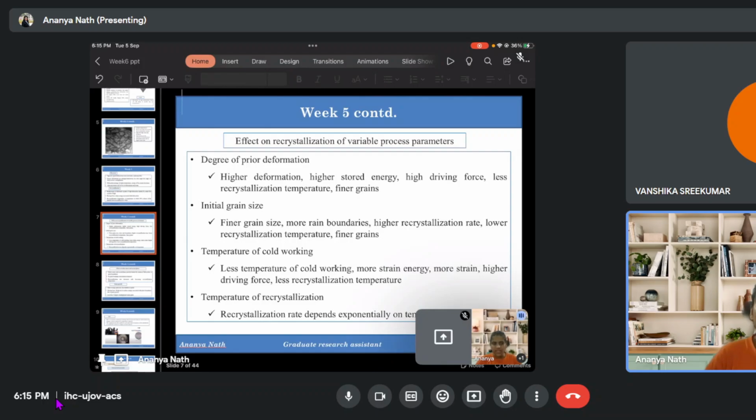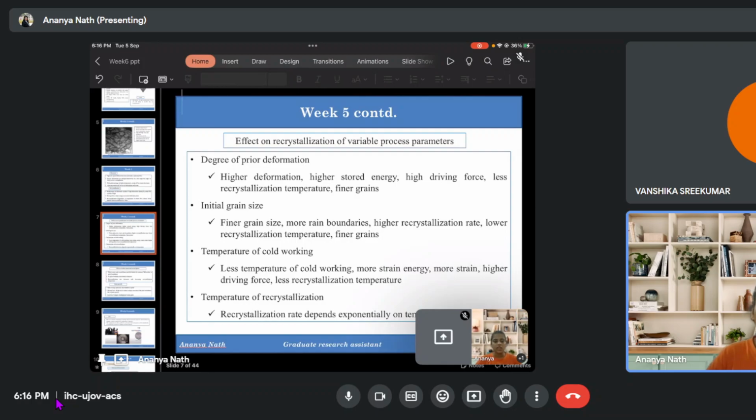Less grain size means some hardening, some strengthening, which is always needed. So if we have some prior deformation, it will help us to get the new grains easily. Higher the deformation, higher will be the stored energy, which means a lot of dislocations have gathered, and a high driving force to get the new strain free grains and their growth, less recrystallization temperature and finer grains.